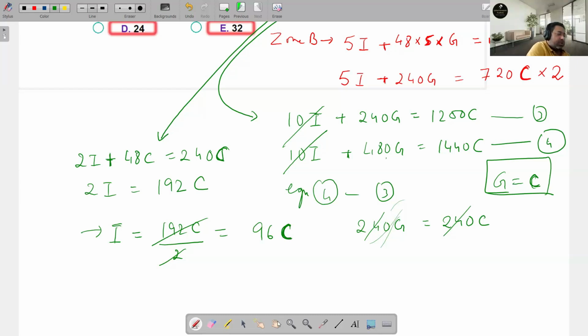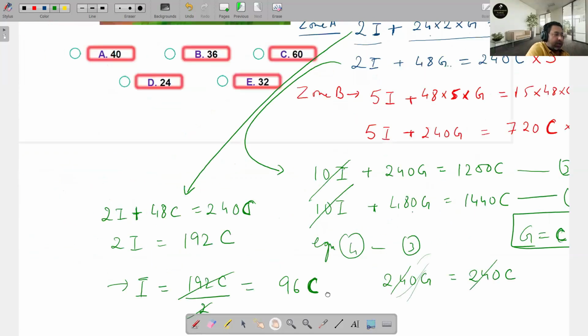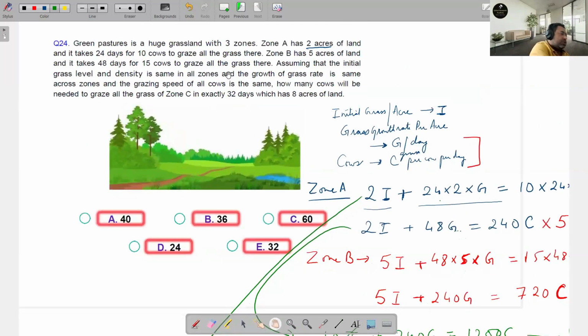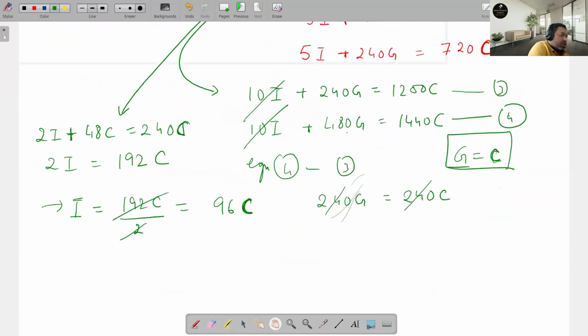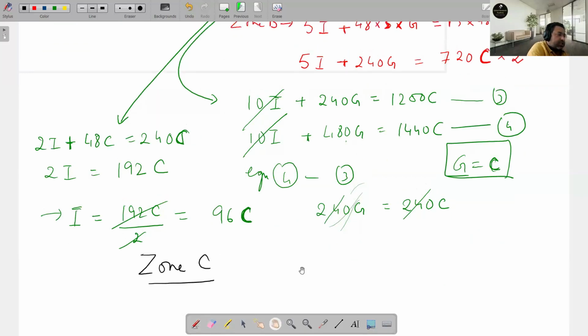Now we are going to plug in all these values and find our final answer for zone C. So what does zone C say?